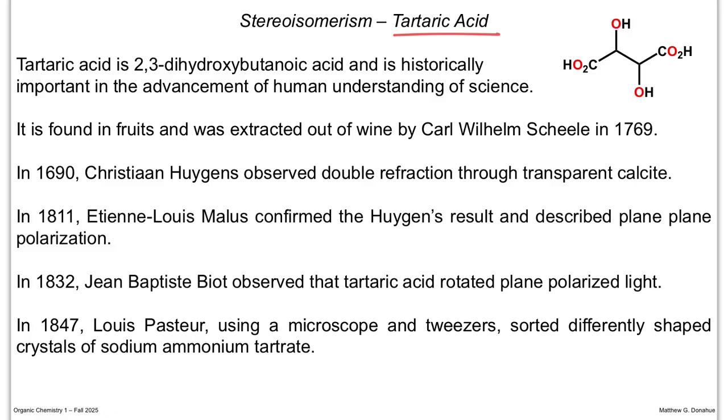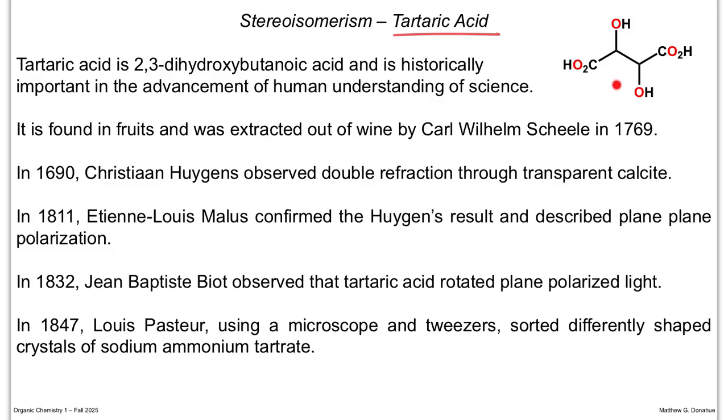But they're the same group, CO2H and CO2H. Then however we want to define it, whether the red ones are the OH groups and then the blue ones are the hydrogens. Kind of mimics what we just saw. We're just substituting some of the groups. So tartaric acid is 2,3-dihydroxy dibutanoic acid.